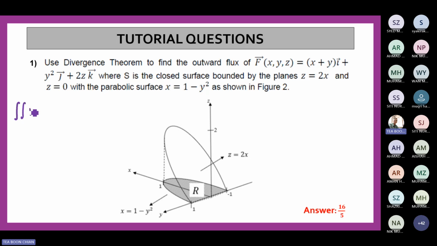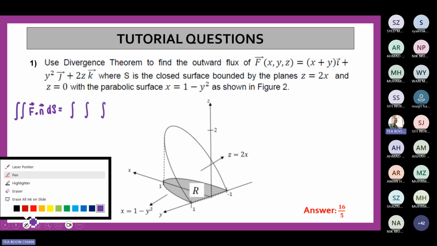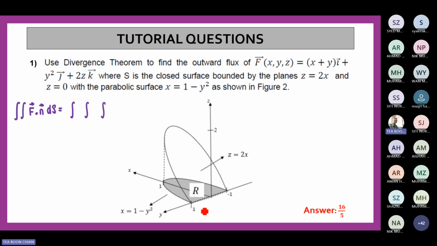So by the setup, the double integral of F dot normal vector n will be equal to the triple integral of the divergence. Now, this setup of x, y, z can be in a different order as you prefer. If you want, you can use the diagram given to help you decide.